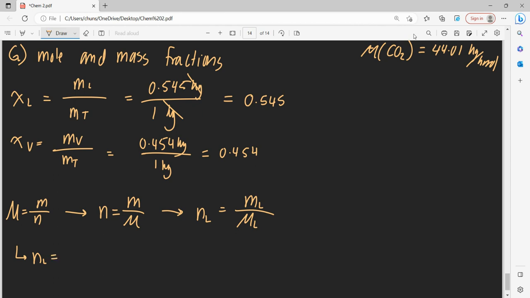So we can take 0.545 kilograms of our liquid over 44.01 kilograms per kilomole, and this will give 0.01239 kilomoles.